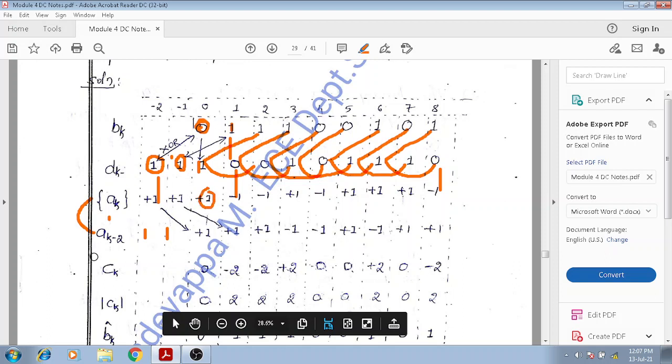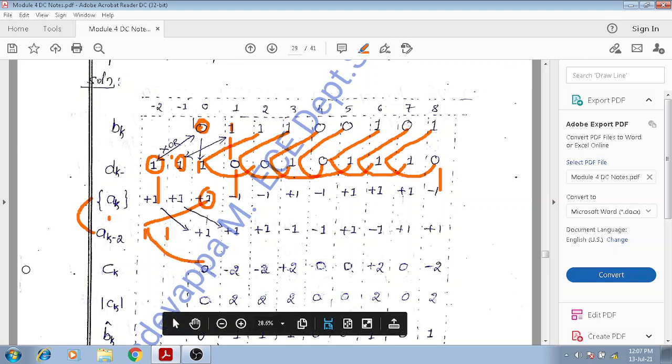AK is equal to plus 1. So this plus 1, and AK minus 2 for this bit is this one. 1 minus 1 is 0. Next, minus 1 minus plus 1. Minus 1 minus 1 is minus 2.